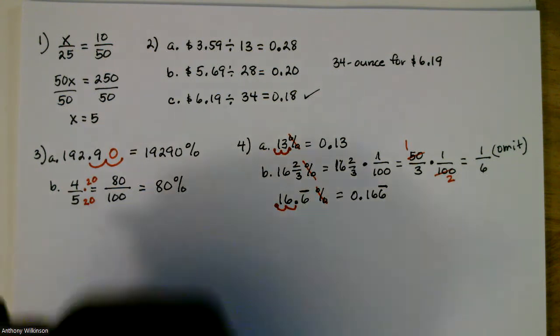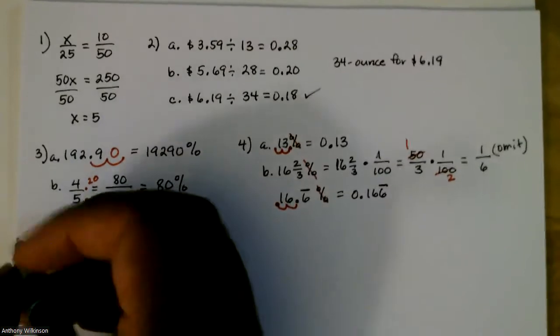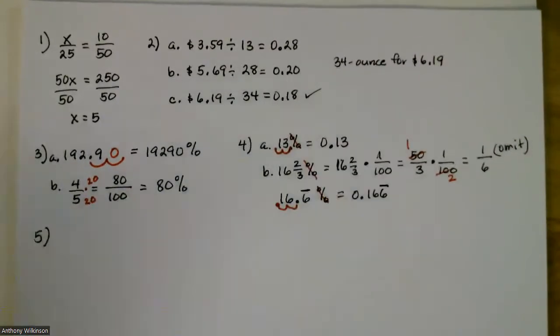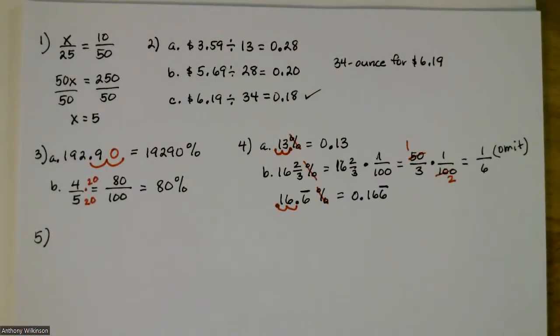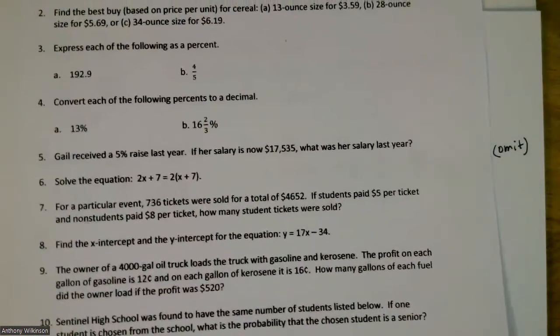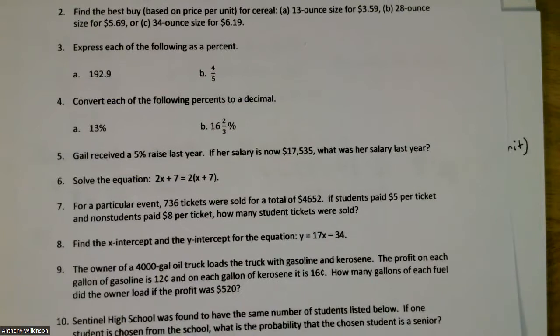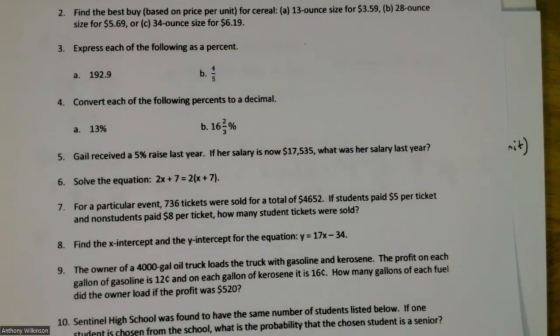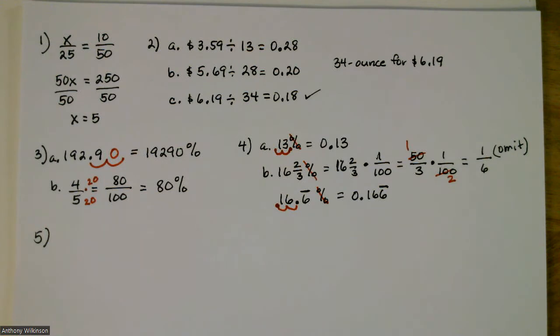Okay, problem number 5, and I will put that right here. And it says here that Gail received a 5% raise last year. If her salary is now $17,535, what was her salary last year? So we're looking for the amount that she received as her salary last year.